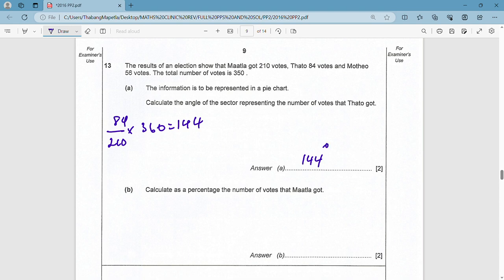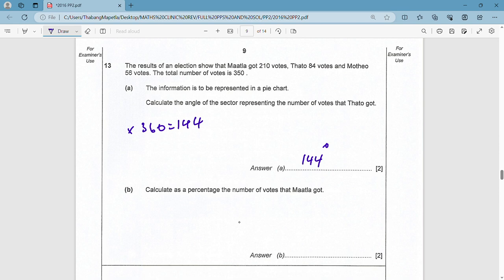Then it says calculate as a percentage the number of votes that Tato got. I made a mistake. That's supposed to be 350. It's a sign that I'm tired.